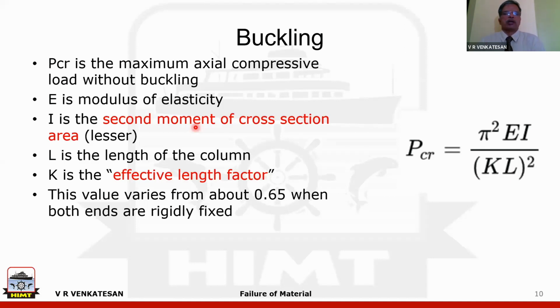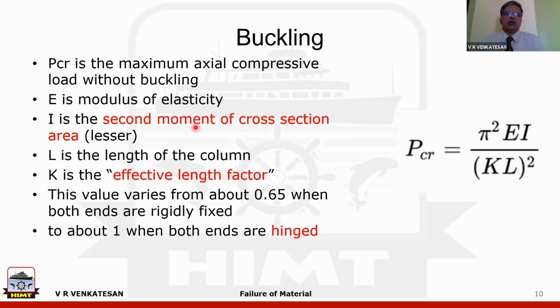That is the number taken for K. Now, if both these ends are hinged, meaning they have freedom to turn, the connecting rod is a good example. Upper end of the connecting rod has a gudgeon pin. Bottom end of the connecting rod has the crank pin. And both these are hinge joints in the sense that the tip of the rod is capable of rotating. So in such a case, this number becomes 1.